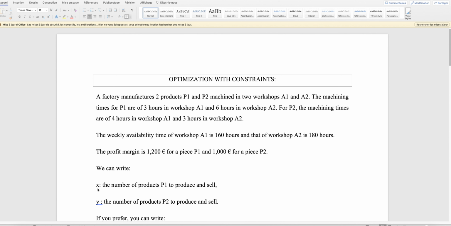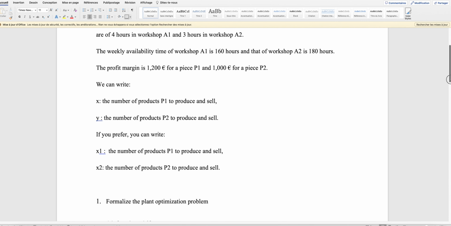We can write x, the number of products P1 to produce and sell, y, the number of products P2 to produce and sell. If you prefer, you can write x1, the number of products P1, x2, the number of products P2 to produce and sell. We are going now, in the first question, to formalize the plant optimization problem.